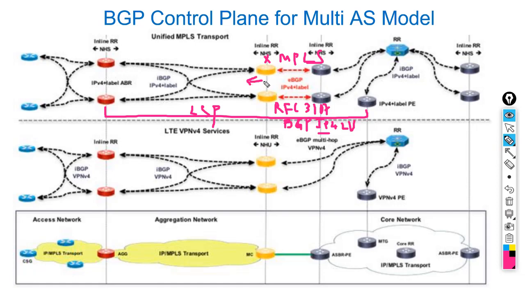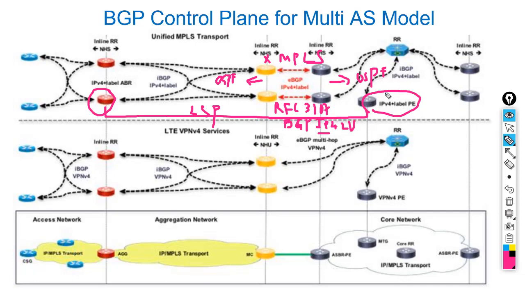We have to redistribute on metro core from BGP to OSPF, and on the ASPR it is the same. We have to redistribute the IP address of the AGG to OSPF so that the PE router here and the AGG can communicate with each other.